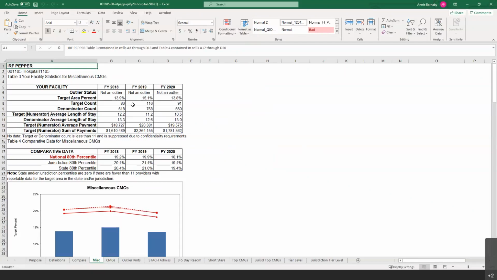For that data, what's the average length of stay? And then, of course, we do that for the denominator as well. And for the target average payment and then the target sum of payments, we're looking at the numerator count, of course, for the average payment for the numerator, and then the sum of payments for the numerator.